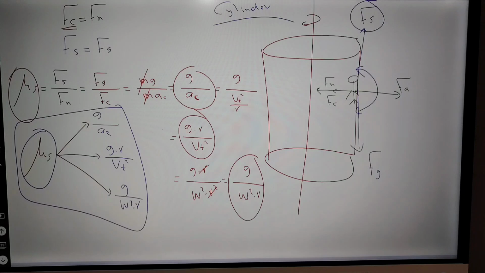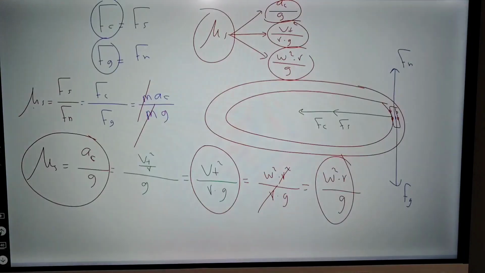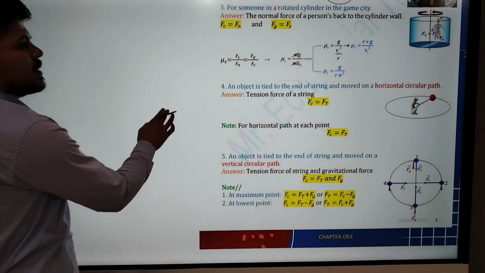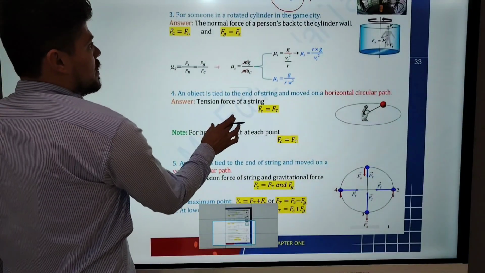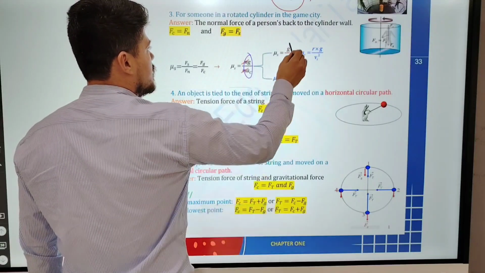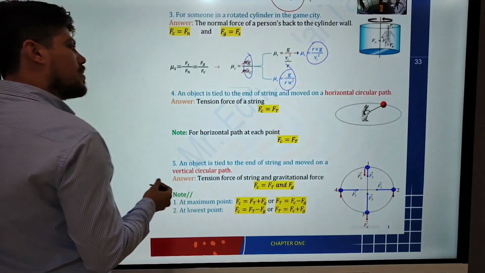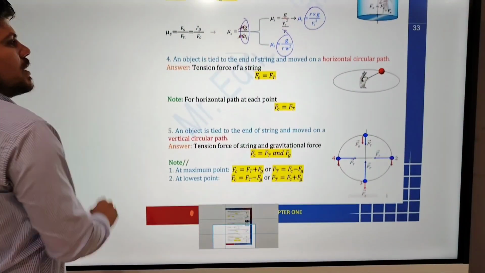By using these three equations, we can find the mu s. So this is special for the cylinder. Okay, guys. Look, we have g over ac or Rg over Vt squared or g over R omega squared.